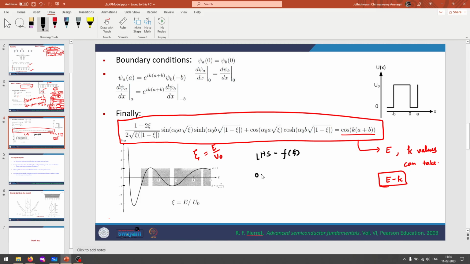Only when -1 is less than or equal to f of xi less than or equal to 1 will this equation have allowed solutions. Otherwise, this equation has no solution. Is that clear?